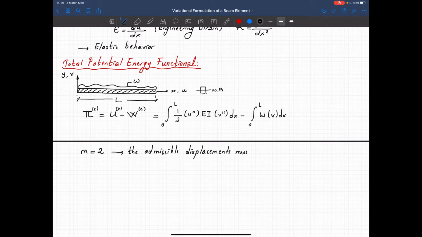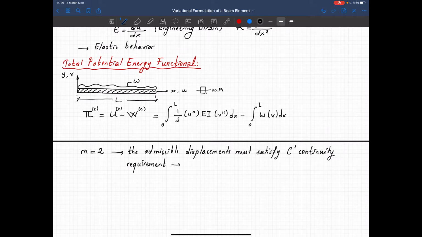must satisfy the C1 continuity requirement. So this requirement is not only the displacements themselves, but also the first derivative of the displacement must be continuous over and between the elements.